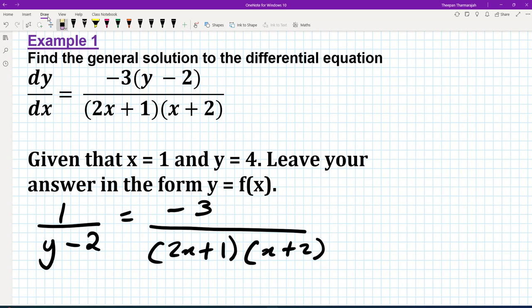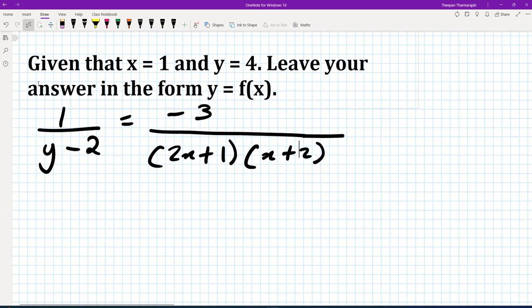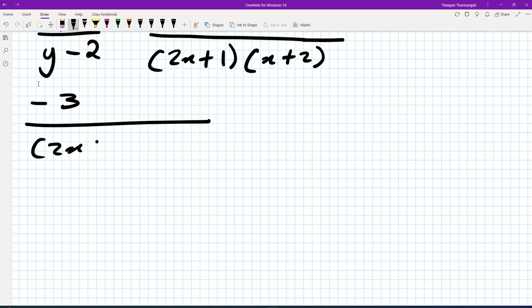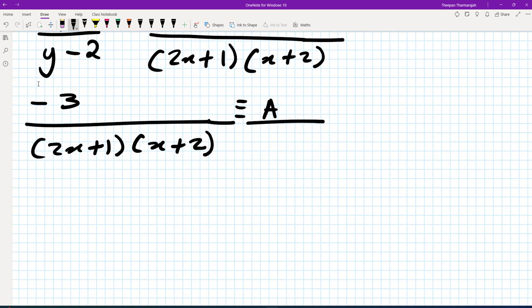Now what we're going to do here is to use partial fractions. So we're going to say that minus 3 over 2x plus 1 times x plus 2 is the same as a over 2x plus 1 plus b over x plus 2.